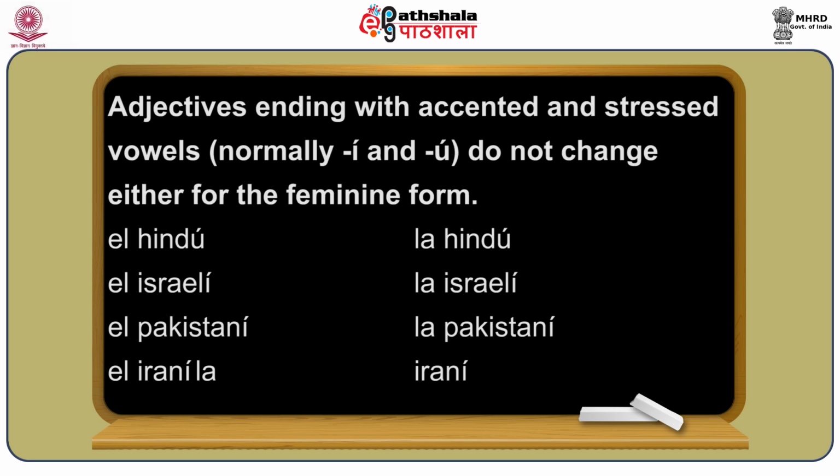Pakistaní also remains the same for both genders, meaning Pakistani, and iraní also is the same for both genders, meaning Iranian. So these nationalities ending with í with accent and ú with accent will also not change for either of the genders.